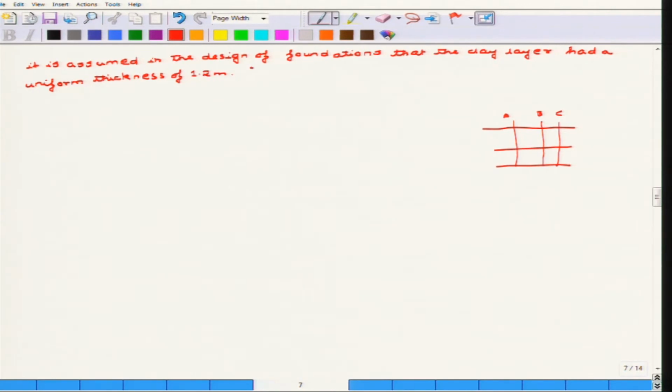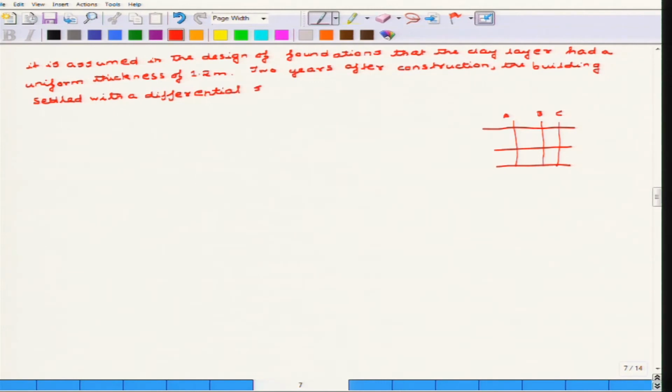So that is why what happened was that 2 years after construction, the building settled with a differential settlement of 10 millimeter.